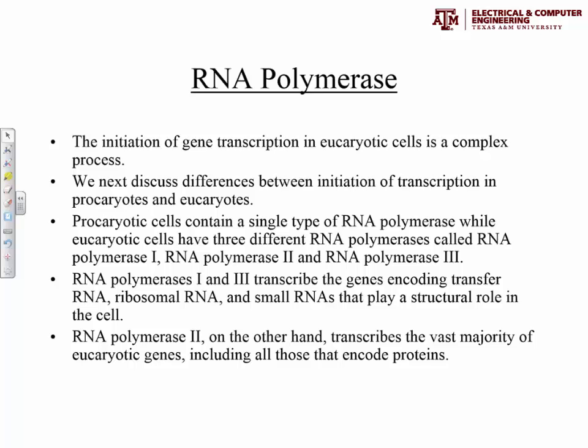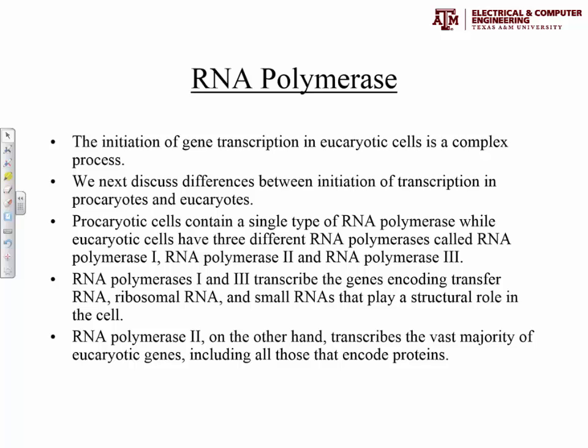First of all, prokaryotic cells contain a single type of RNA polymerase, while eukaryotic cells have three different RNA polymerases that are called RNA polymerase 1, RNA polymerase 2, and RNA polymerase 3. RNA polymerases 1 and 3 transcribe the genes that encode transfer RNA, you all know what that is, those adapter molecules, ribosomal RNA, the RNAs from which the ribosomes are made, and small RNAs, like microRNAs, which have some special function in the cell.